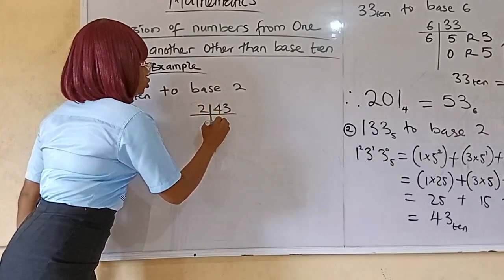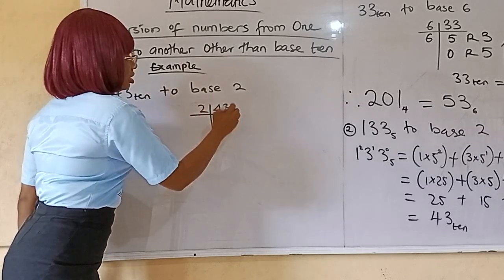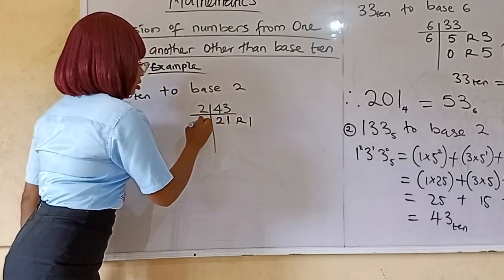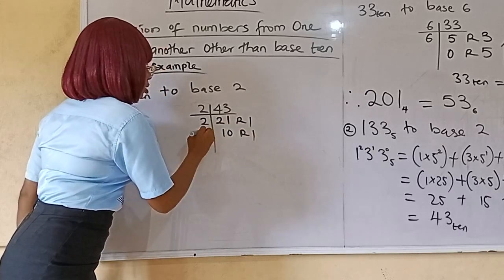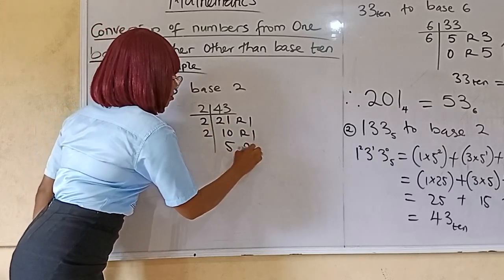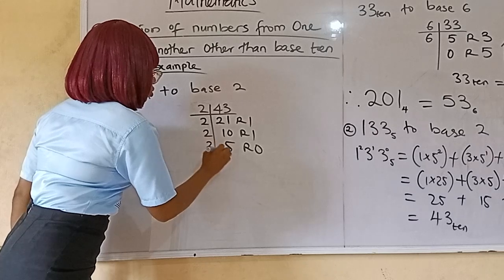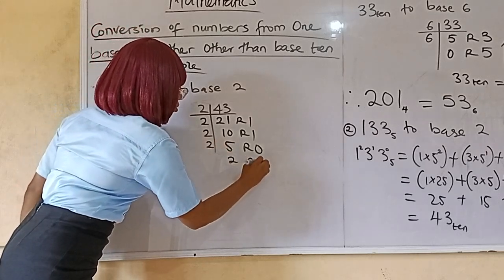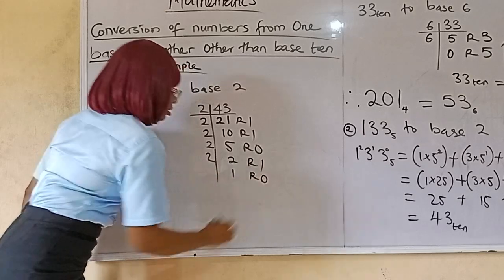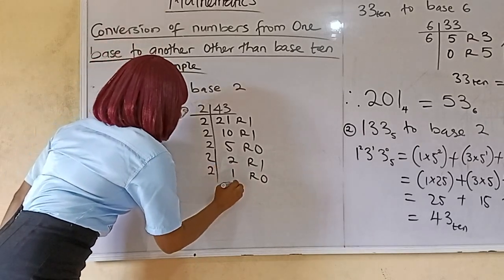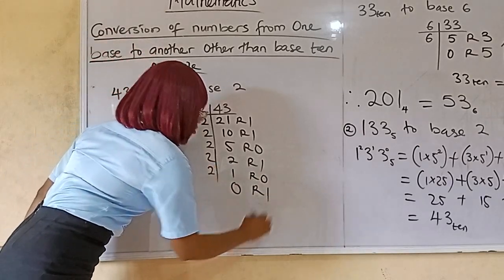2 into 4 is 2. 2 into 3 is 1 remainder 1. 2 into 21 is 10 remainder 1. 2 into 10 is 5 remainder nothing. 2 into 5 is 2 remainder 1. 2 into 2 is 1 remainder nothing. And then 2 into 1 cannot go, so it's 0 remainder 1.